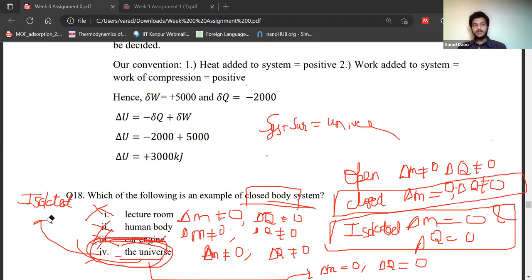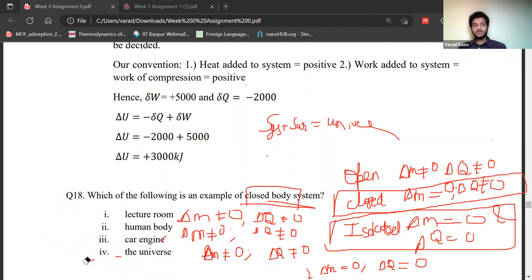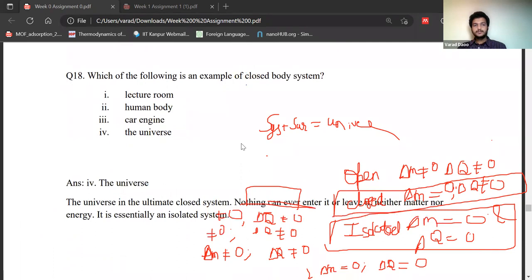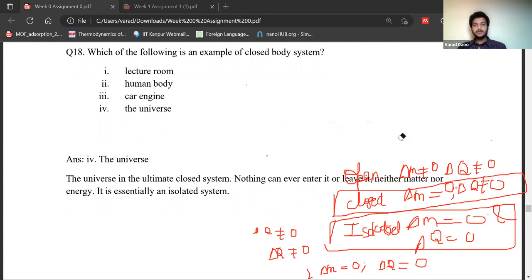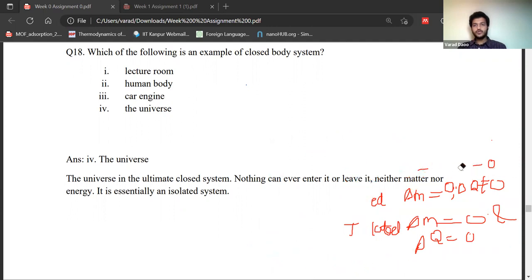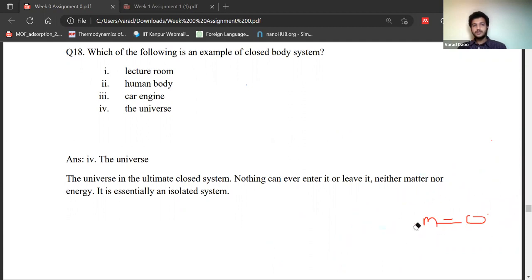Is this clear to everyone? So let us look at the explanation also. So option is 4, universe.